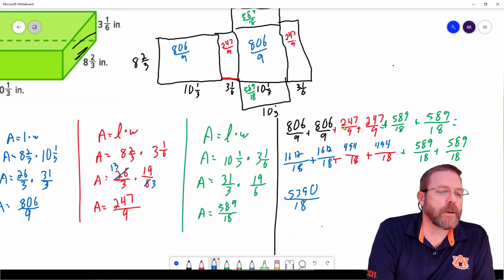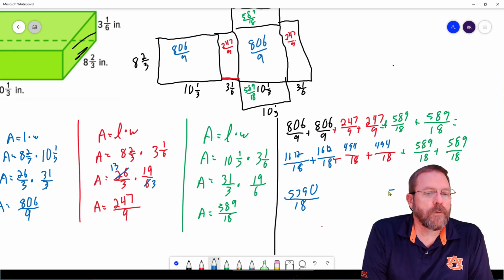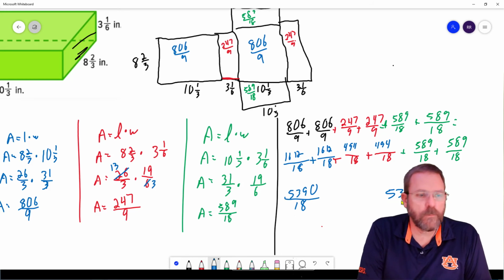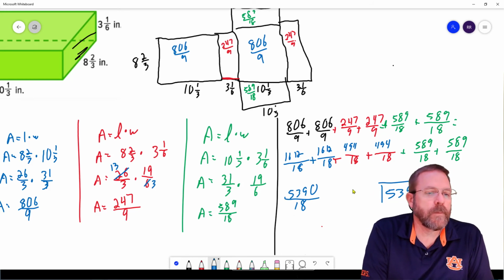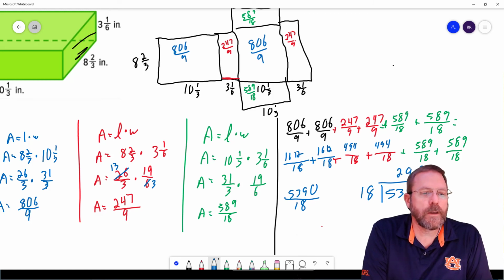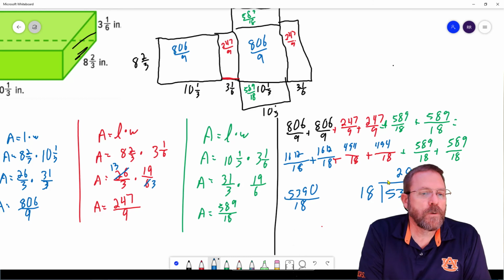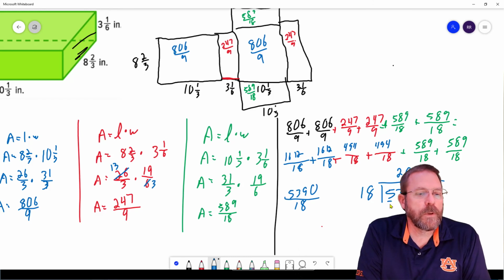So I'm going to put that in a house. 5390 divided by 18. And I know I'm going to have 299 as my starting point. 2 times 18 is going to be 36. And then when you subtract that, you do some borrowing. 13 minus 6 is going to be 7. 4 minus 3 is 1.